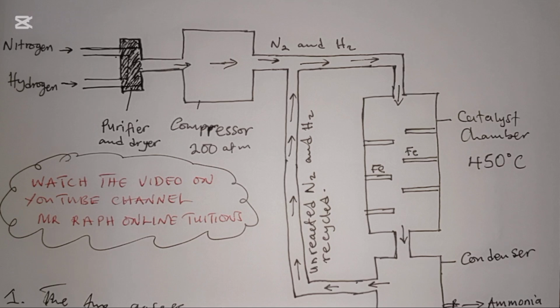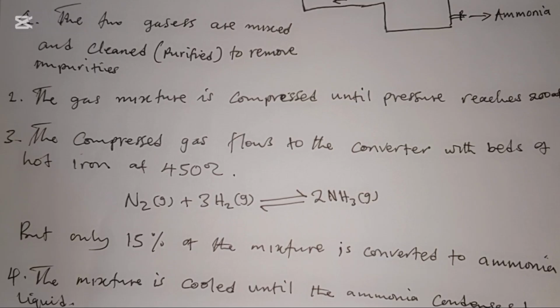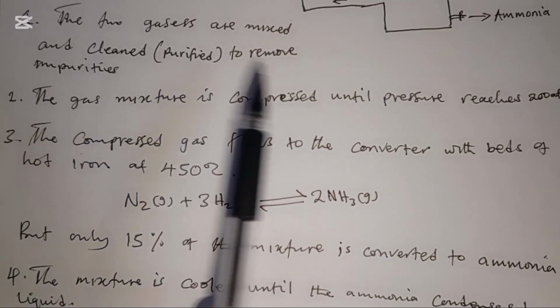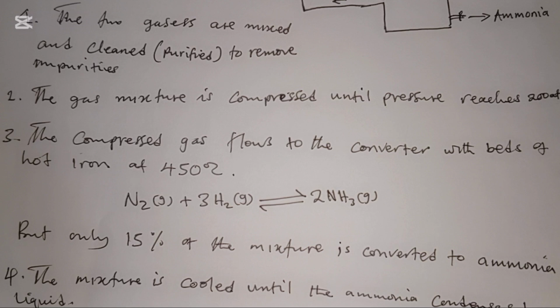Remember that only 15% of the mixture is converted to ammonia, and the mixture is cooled until the ammonia condenses to liquid. So this is the procedure. The two gases are mixed and purified to remove impurities. Then the mixture is compressed to 200 atmospheric pressure.